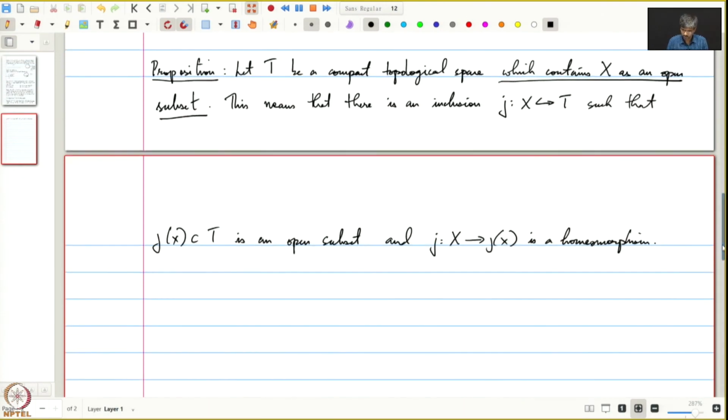Okay. So, there is an inclusion such that, let me also write, J is continuous.